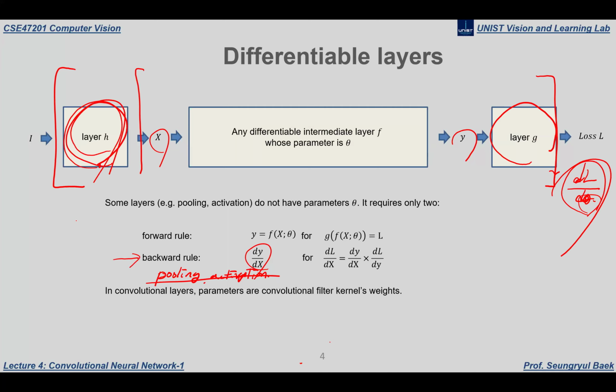But anyways, this layer has to propagate some signal to the earlier layers, and for that purpose this dy/dx is required. Even if a layer doesn't have any parameters inside, if it has this type of backward rule, the differentiation of output with respect to its input, then it can be used in the deep architecture.